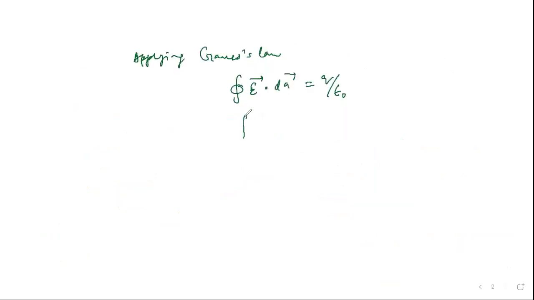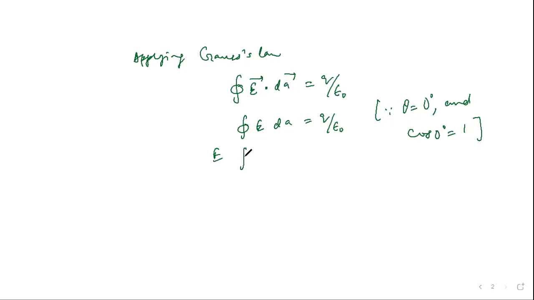It will become closed integral E dA equal to Q by epsilon naught, because theta is 0 and cos 0 degrees is 1. Then I can take E out. Now closed integral dA is Q by epsilon naught.